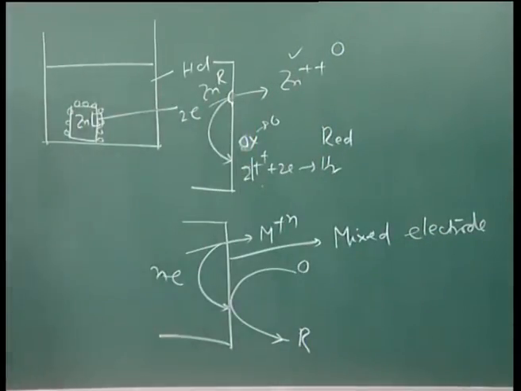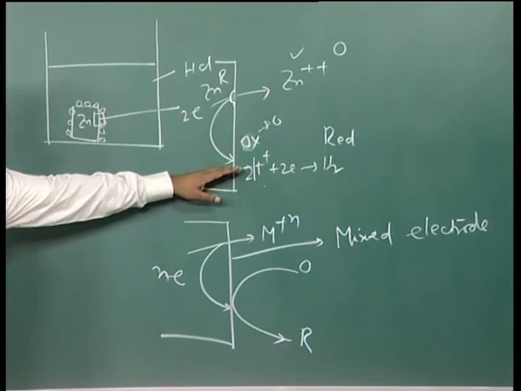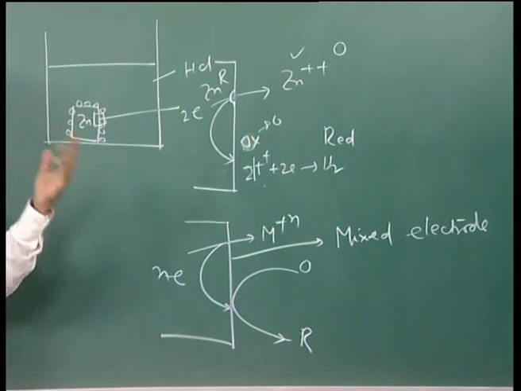In the case of zinc in deaerated HCl, there would be one cathodic reaction and one anodic reaction. But if you have oxygen in it, there could be one more reduction reaction, which is oxygen reduction.